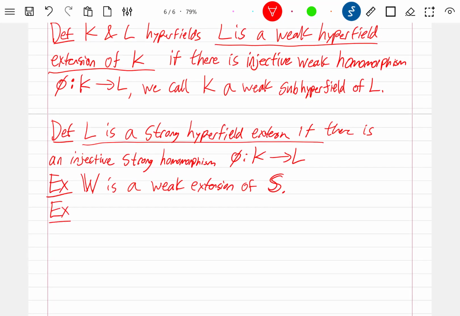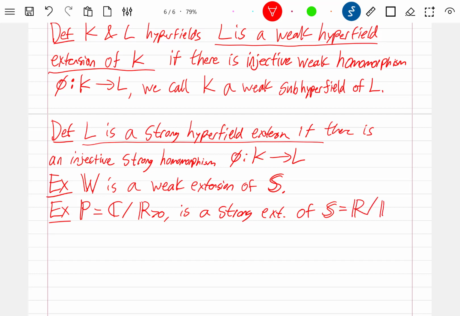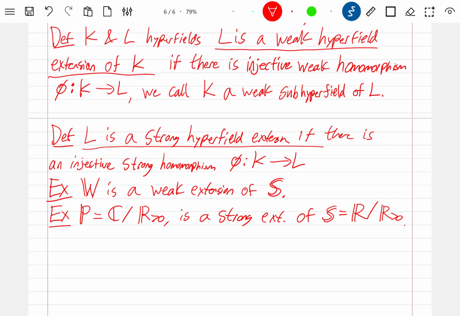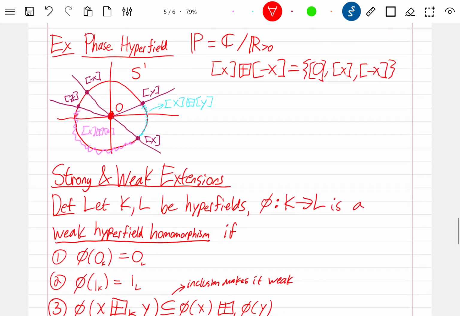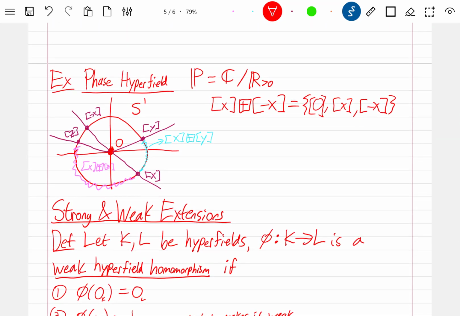What we're more interested in is the phase hyperfield, which is C mod R greater than 0, is a strong extension of the hyperfield of signs, which we saw was R modded out by the positives. We can see that by our picture of this.